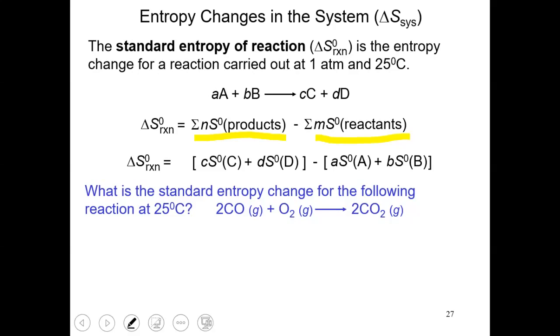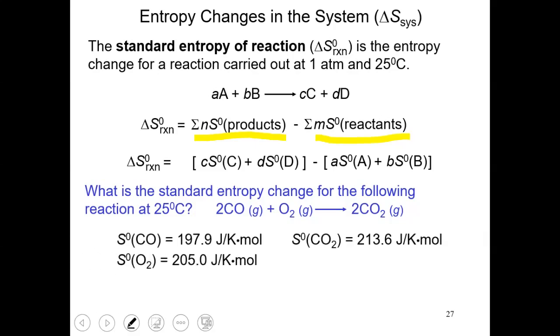Or, I guess it's a third option, you can simply Google it, right? So let's see what the entropies are for these compounds and elements. Notice that in this type of setup, the entropy of oxygen gas, O2, is not 0. It has a value, and it's right up there with these other ones. So we have CO and O2 who are the reactants, and CO2 who is the product.